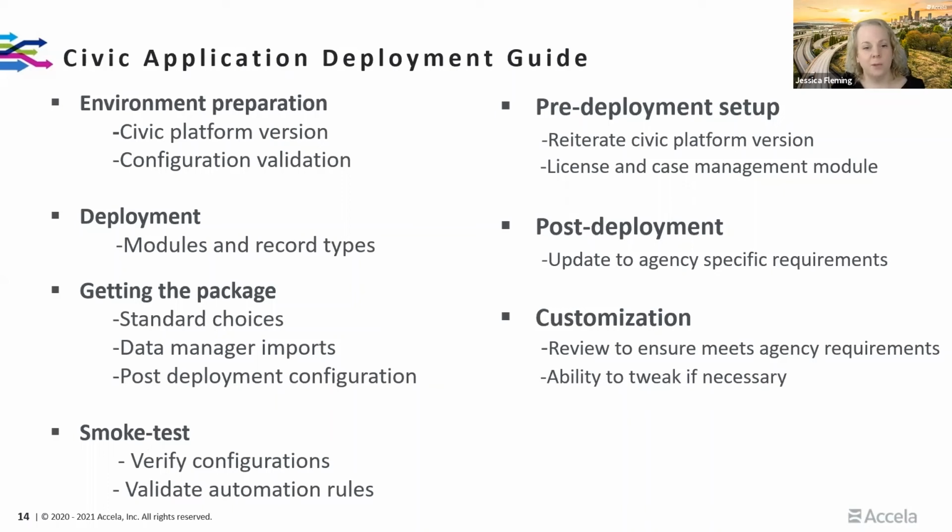The deployment also includes the modules and the record types that are available, and any standard choices, data manager imports, or post-deployment configuration that you'll have to do once you import the solution into your system. It's also important to note that you can tweak some of this information if necessary. If you need to update a status in a workflow and it doesn't quite match what you want, you do have the ability to do that.